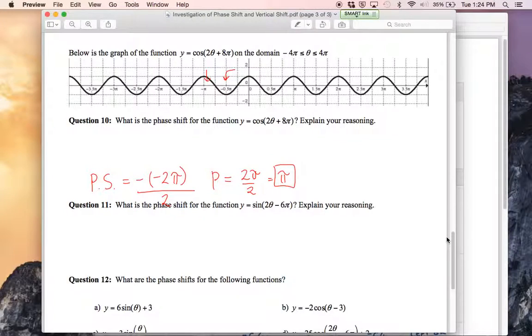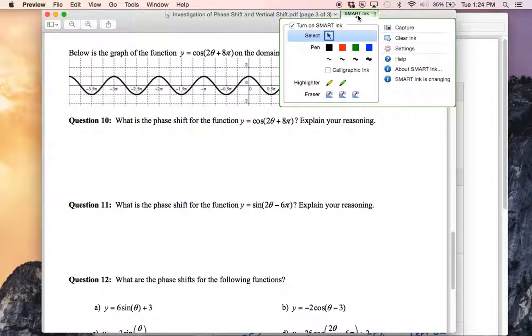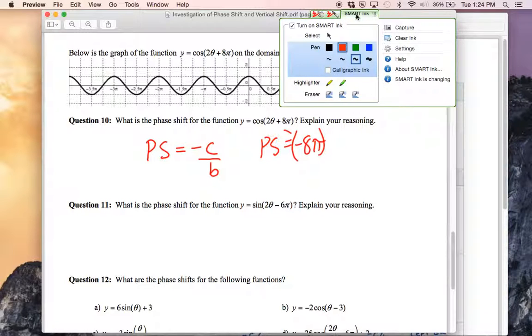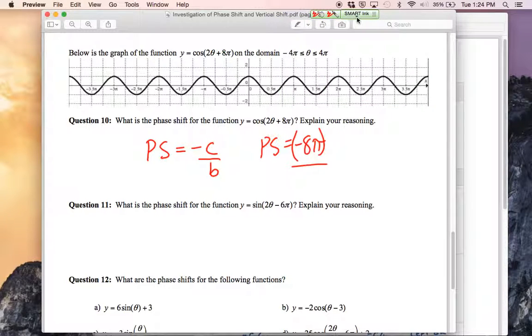Question 10, so very similar. Again, phase shift is negative c over b. So I'm going to do phase shift equals negative 8 pi divided by 2, so phase shift is negative 4 pi.